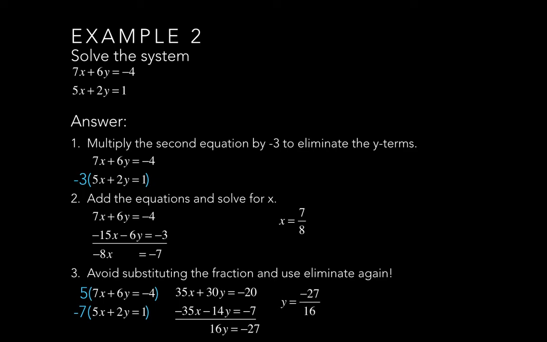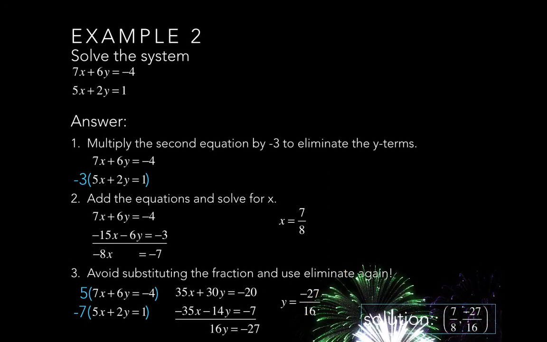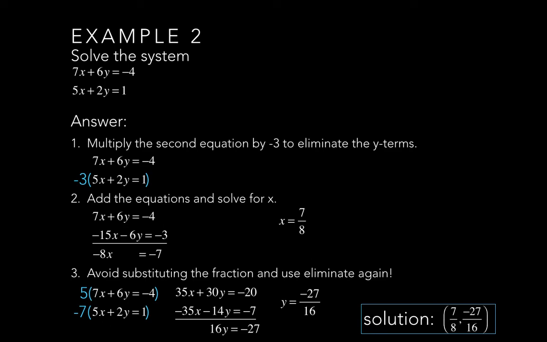That gives us y equaling negative 27 over 16. We have both our x and our y value, and we didn't have to work much with our fractions, which I'm sure you guys are ecstatic about. That leaves us our solution being 7 over 8 and negative 27 over 16.